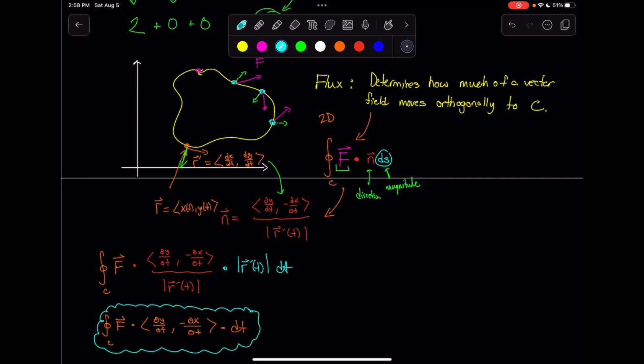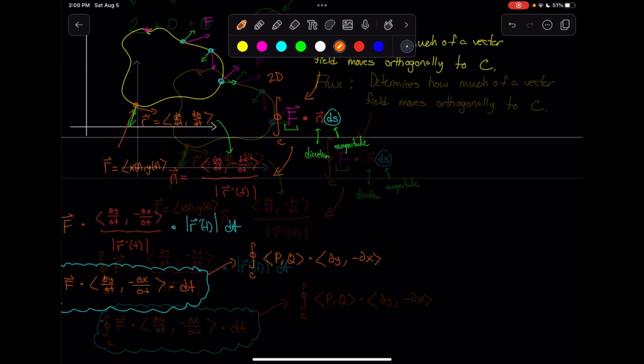Now if we keep going with this, what do we get? We're going to get the closed line integral of, so the dt's are all going to cancel, our F, which consists of P and Q if we are in 2D, dot dy, comma, negative dx.